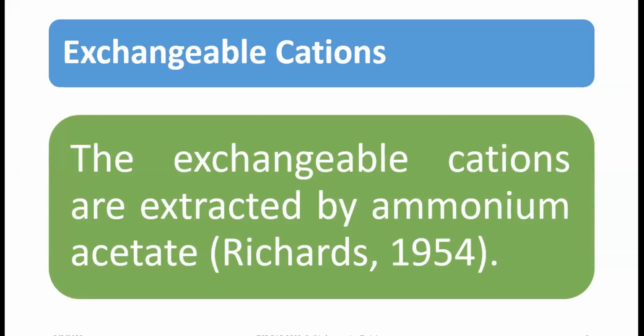The exchangeable cation procedure is straightforward. In the previous methodology there was a further step; here you go directly to extract the cations by ammonium acetate. Just extraction of cations by ammonium acetate.